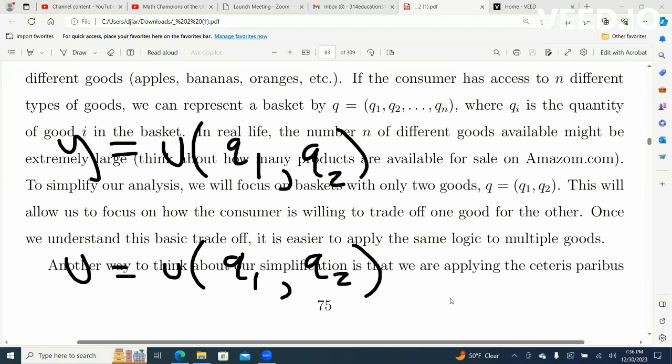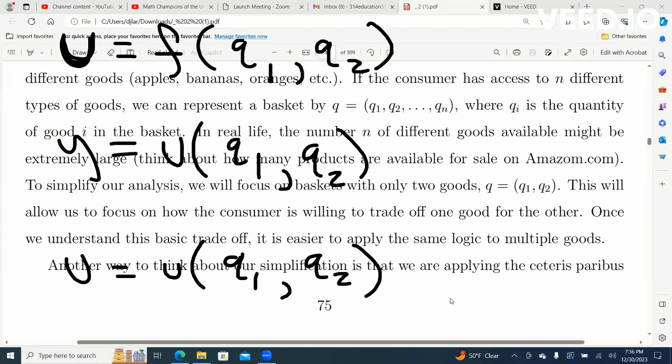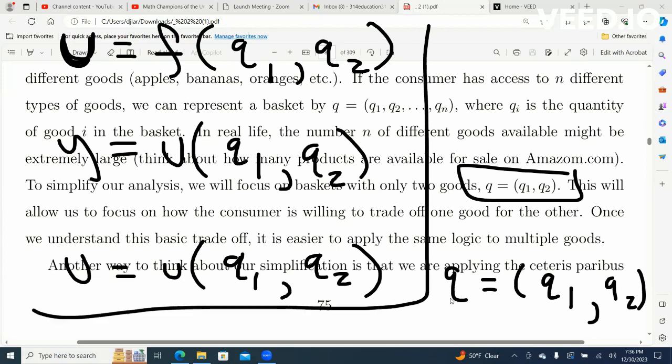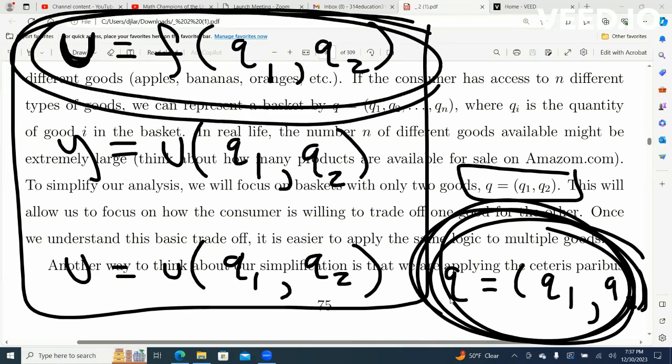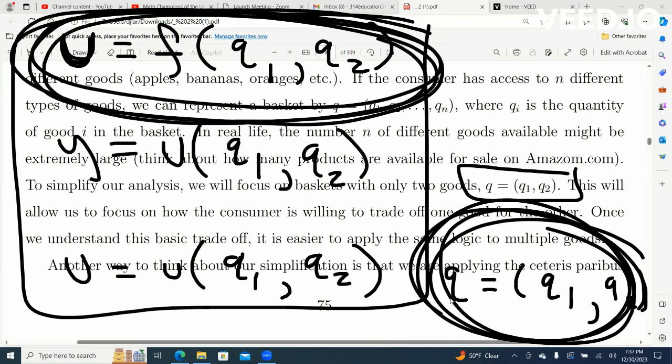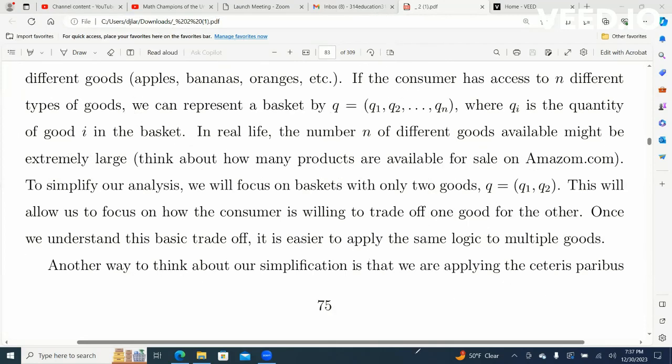Utility equals a function of Q1, comma, Q2, this is the best way. Whenever they say that quantity equals Q1, comma, Q2, all of these are familiar to me, but the way they write it in this paragraph confuses me. I didn't stop to think about it till right now. What they're writing in their book is not wrong. It's just typically we talk about the utility as a function of quantity 1 and quantity 2, but Q equals Q1, comma, Q2, I find more confusing there. But anyways, never mind.